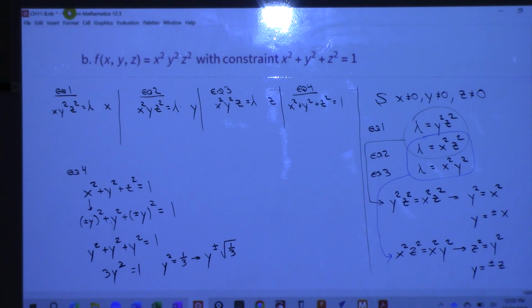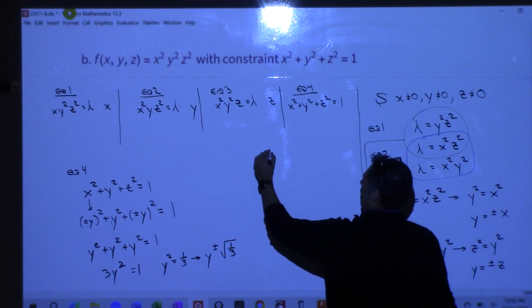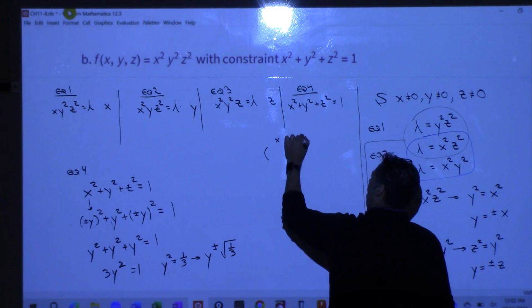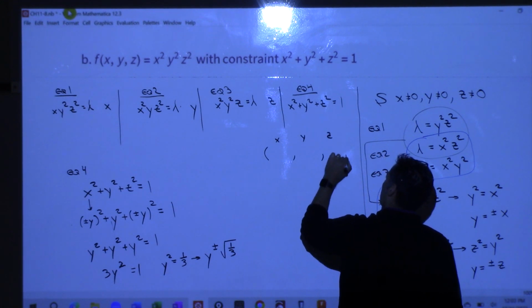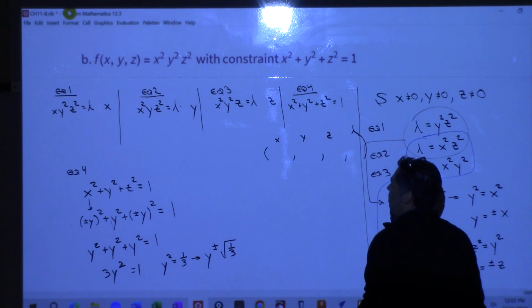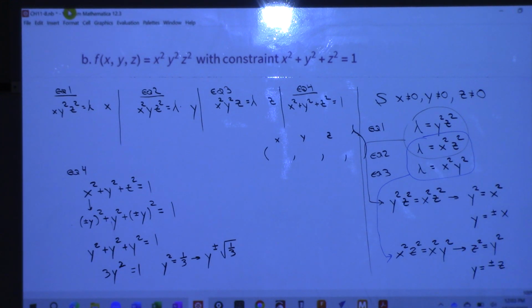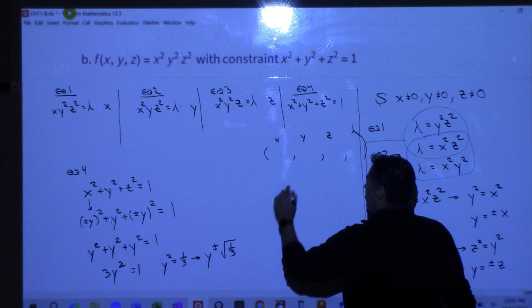If we know what y is, do we know what x is? Do we know what z is? Kind of, right? So let's see if we can list out some things now. I'll have an x, a y, a z, and a lambda, which I may not even find. X, y, z, lambda. I know what y is. Let's start one at a time.